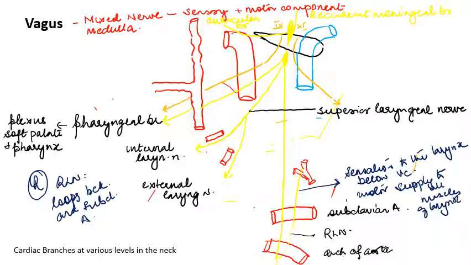So now you can correlate the development of the aortic arches with the course of the recurrent laryngeal nerve. Why the course of the recurrent laryngeal nerve differs on the right side as well as on the left side. What disappears on the right side but does not disappear on the left side? Please go back, revise, and that is the reason why there is a difference in the course of the vagus nerve on both sides. I'm not going to tell you that. Please revise that. All right.